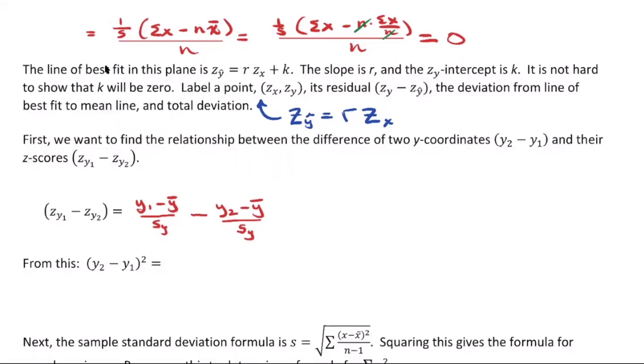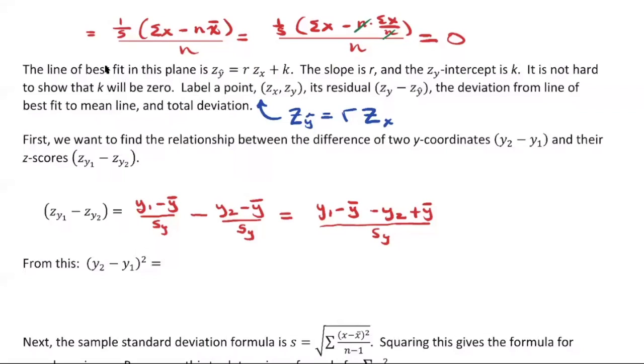And we're going to combine these. They have a common denominator. So you're going to have a y1 minus y bar. Now you're subtracting a difference, which is going to change the sign inside. So you're going to have minus y2, and this is going to be a plus a y bar because of the double negative. And then this is over the standard deviation of y. Like that.